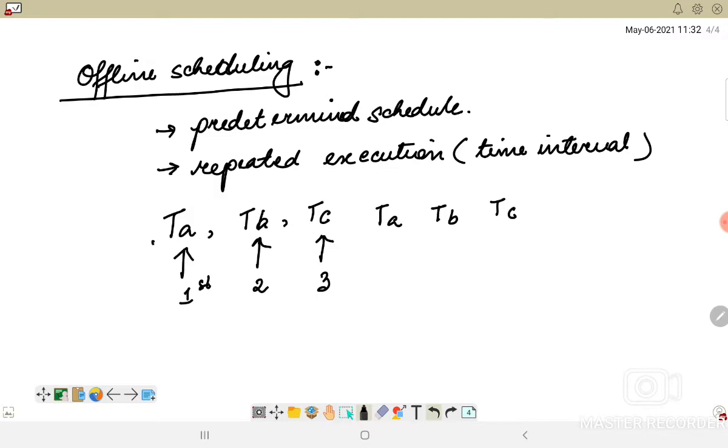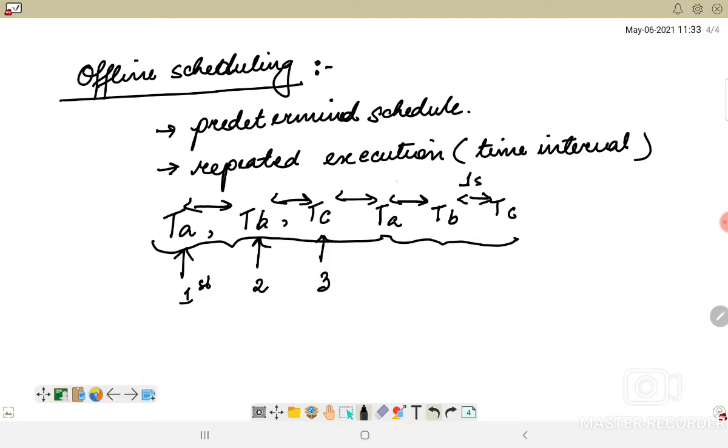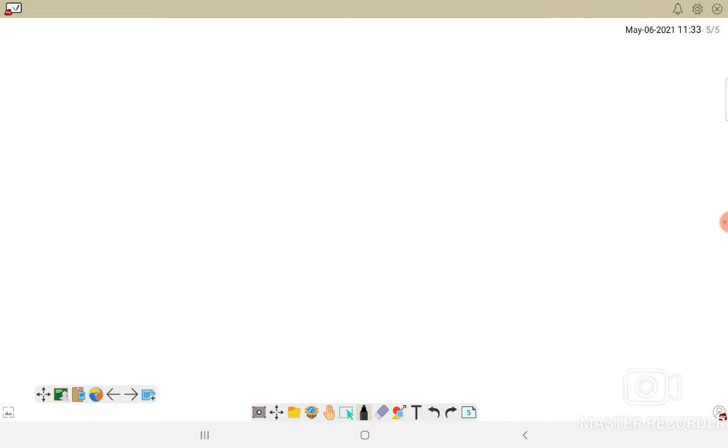So this way it is following a definite schedule of execution after a definite interval of time. Let's say we have 1 second between each of the executions. So it repeats itself after every interval of time. Yes, it has a predetermined schedule and it will be repeatedly executing after definite intervals of time.